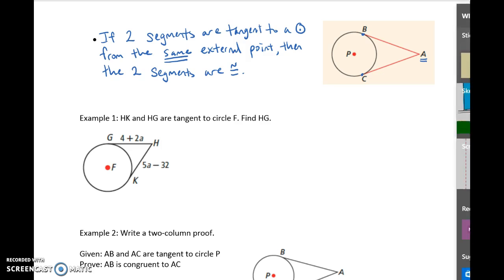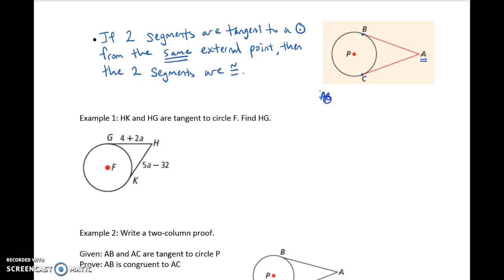So if we're given that AB and AC are tangent to circle P, and you can see how they have the same start point A, then we can conclude that AB is congruent to AC.